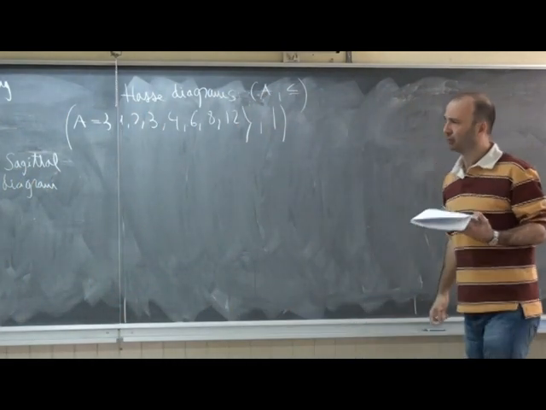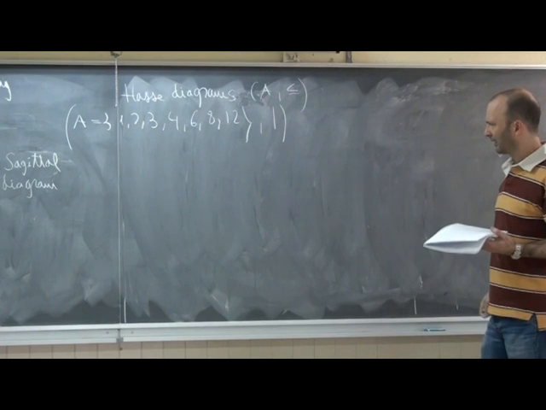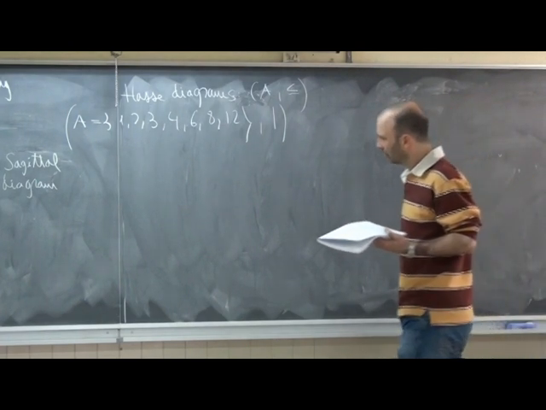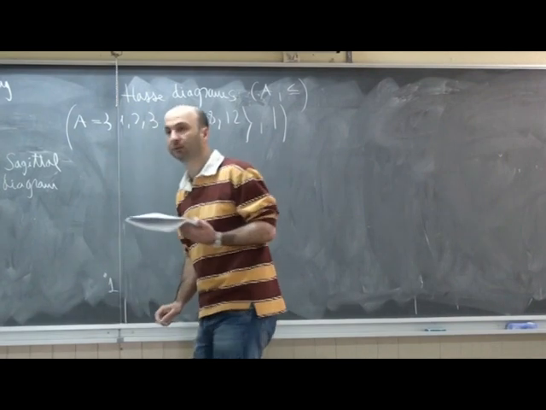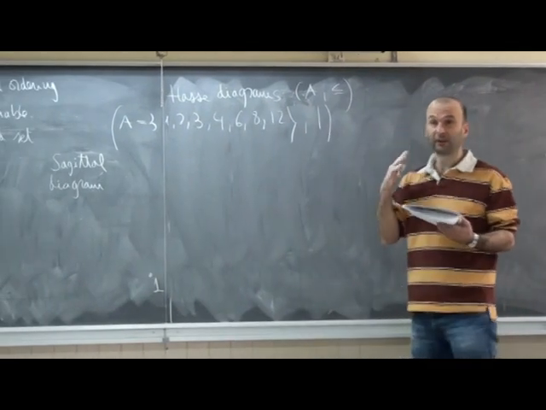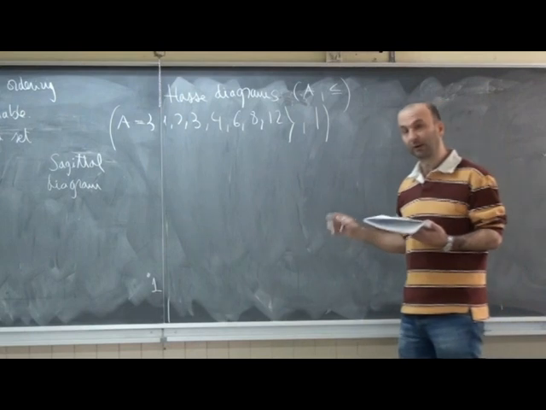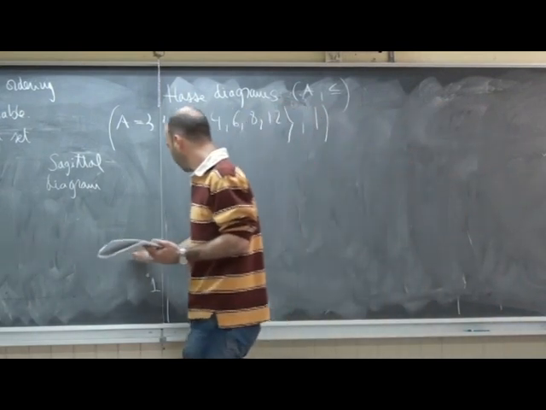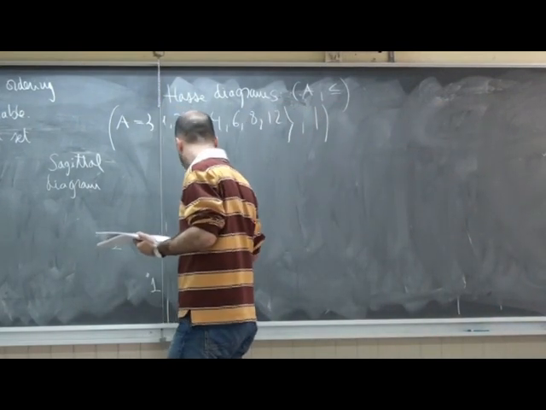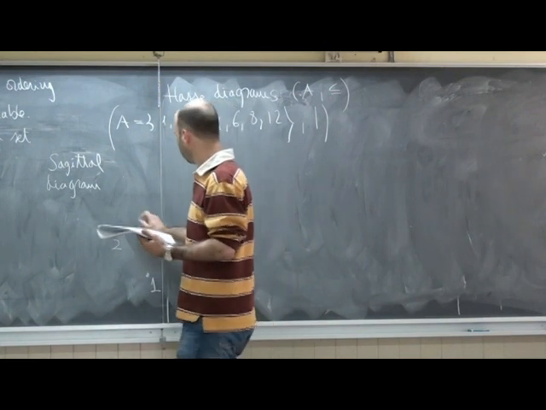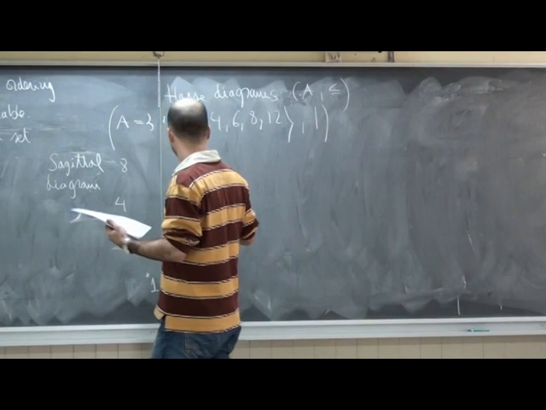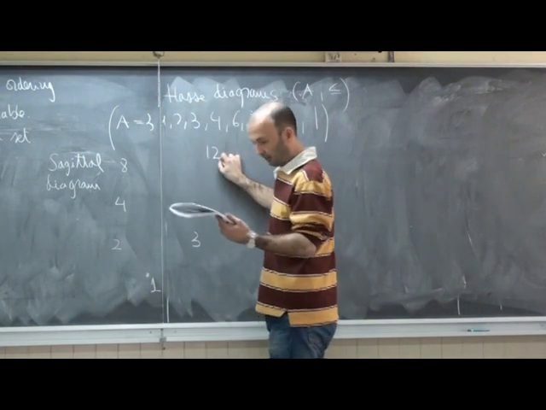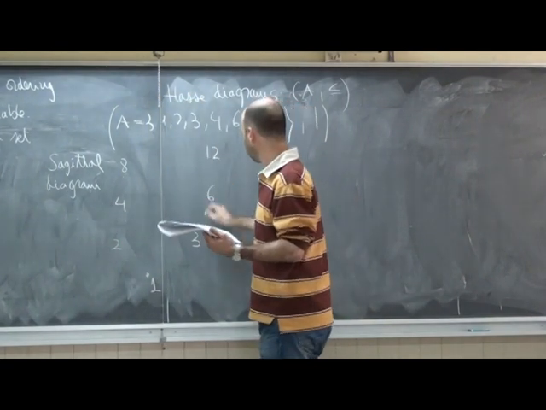In order to make a neat, clean diagram, I'll put 1 here, because 1 is going to divide everybody else. Then I'll put 3 here, 4, 8, here I'll write 12 down, and 6.